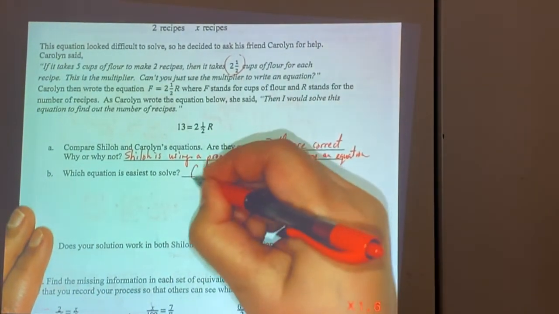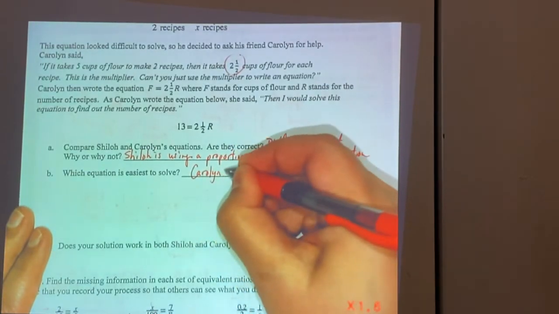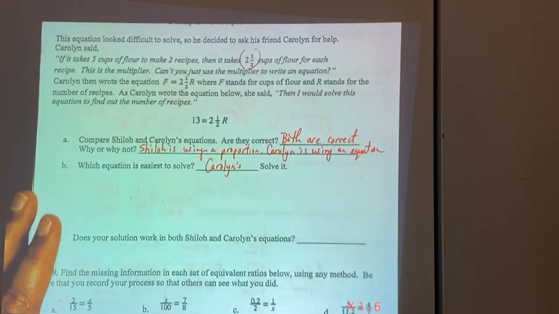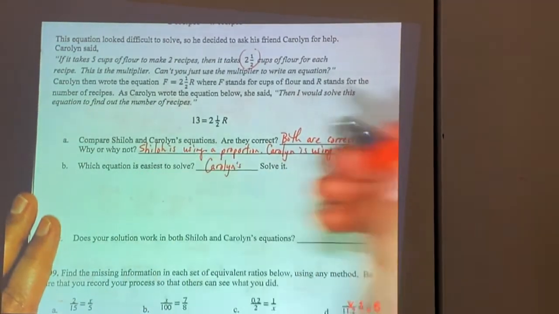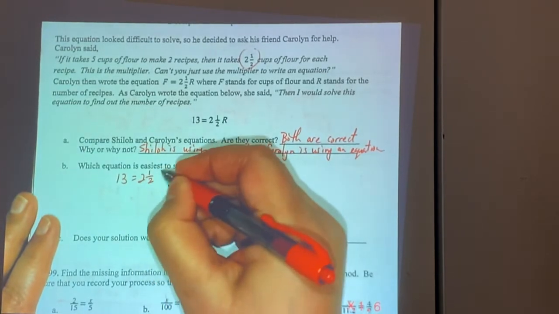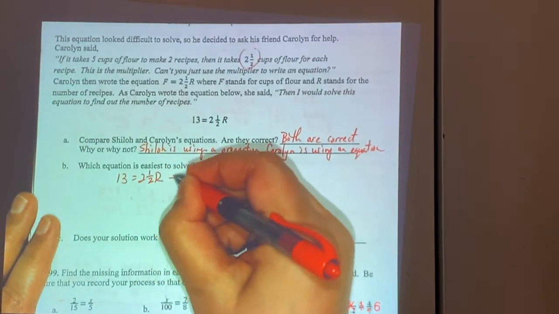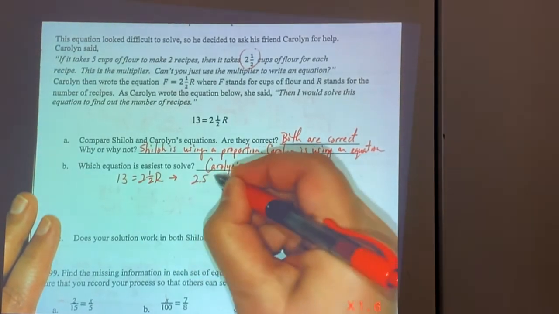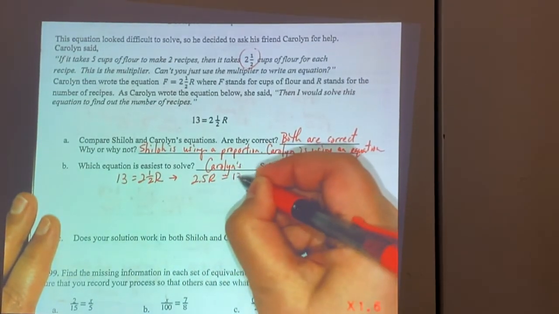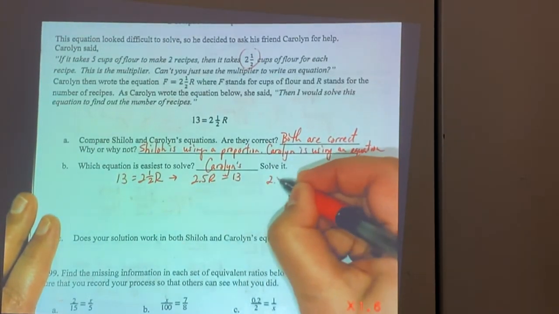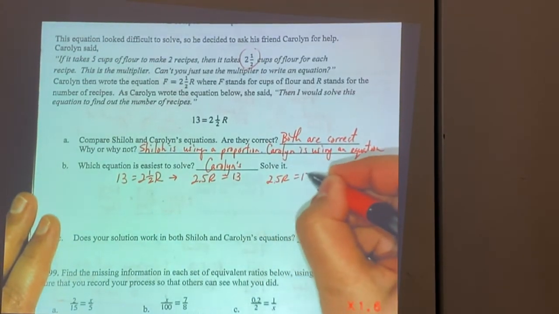Carolyn's. Solve it. Okay. So let me see. So she said 13 equals 2.5 R. Okay, I don't like that fraction. So we're going to change it like this. 2.5 R equals 13.